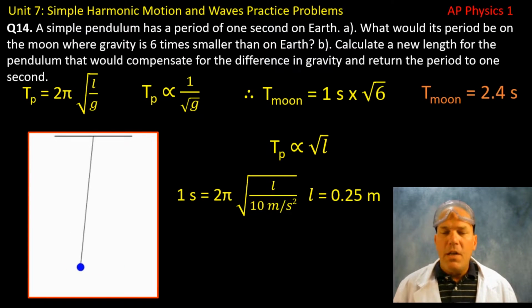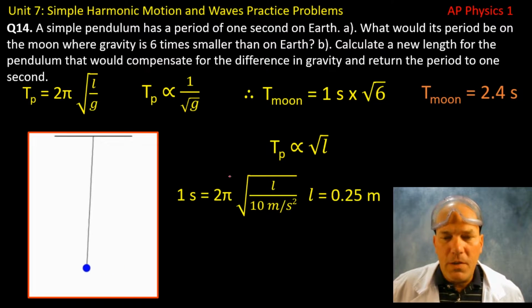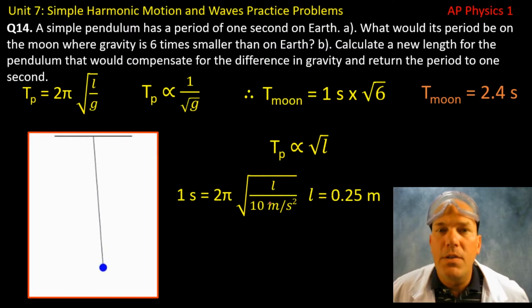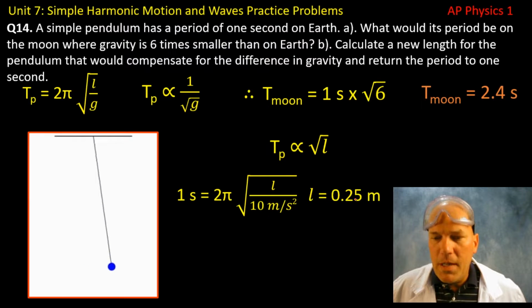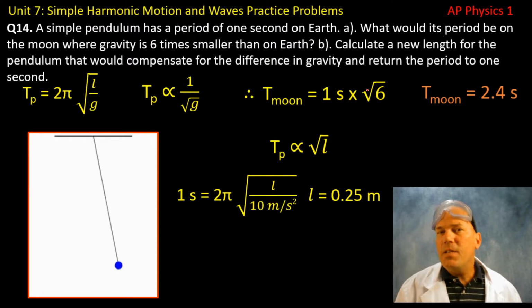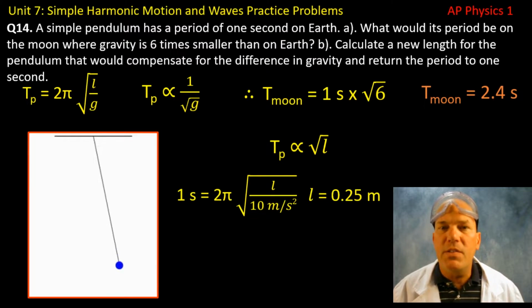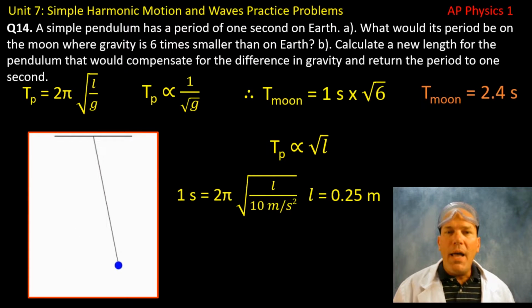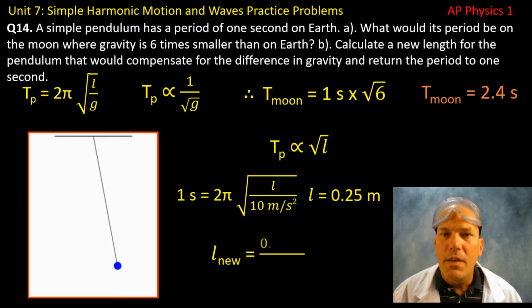In other words, we need to ensure that we are satisfying this fraction here, where we have the length divided by the acceleration due to gravity. Well, here's our length, and we know that our length is going to be decreased by the square root of 6. So we're going to divide this length by the square root of 6.